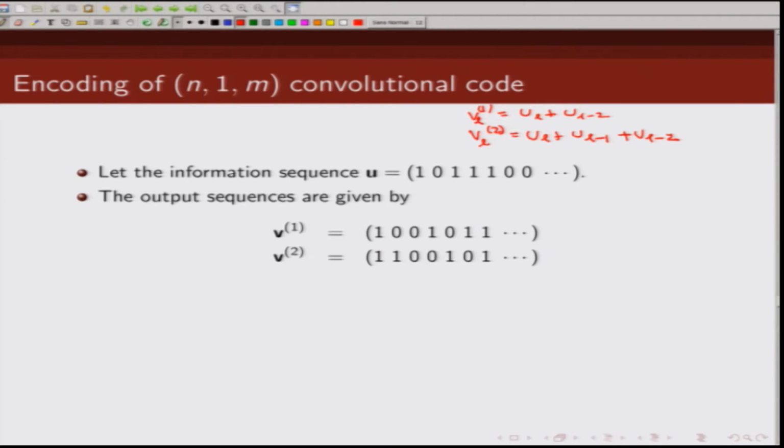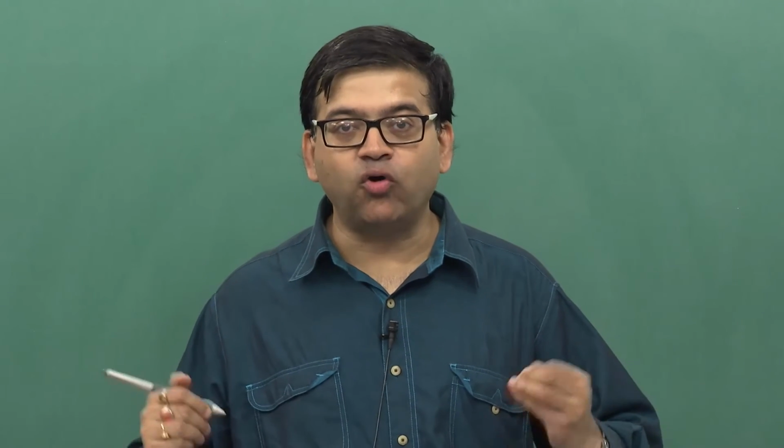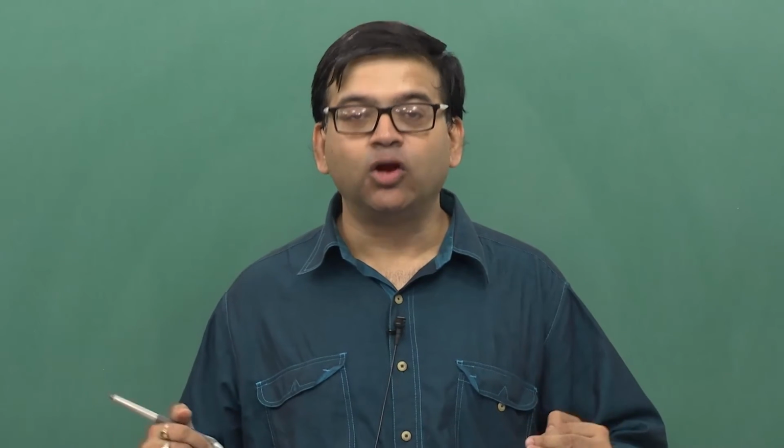Now, note when the first input UL, which is 1, comes, what is the output? To specify the output, we need to specify what the initial contents of UL minus 1 and UL minus 2 were. So, initially we will assume that the convolutional encoder was in the all 0 state. What do we mean by all 0 state? We are assuming that initially the contents of the shift registers were all 0.